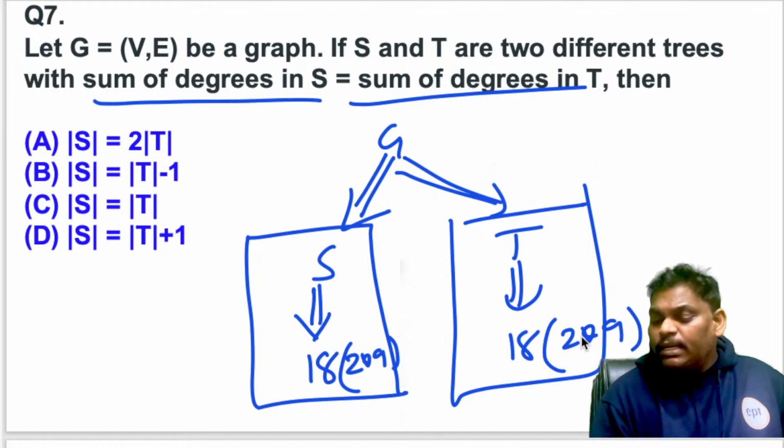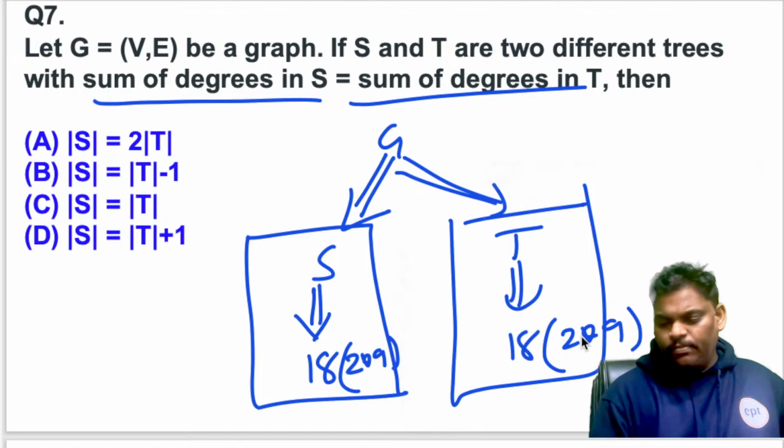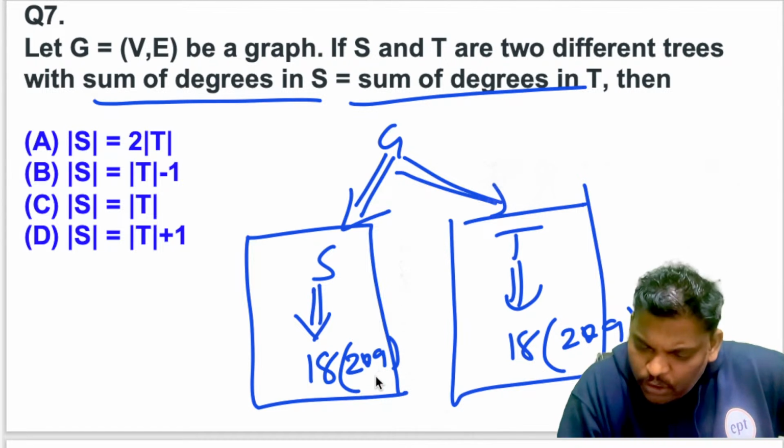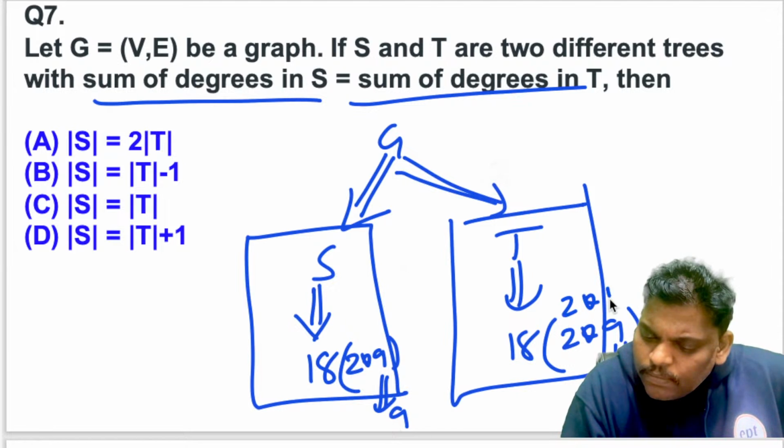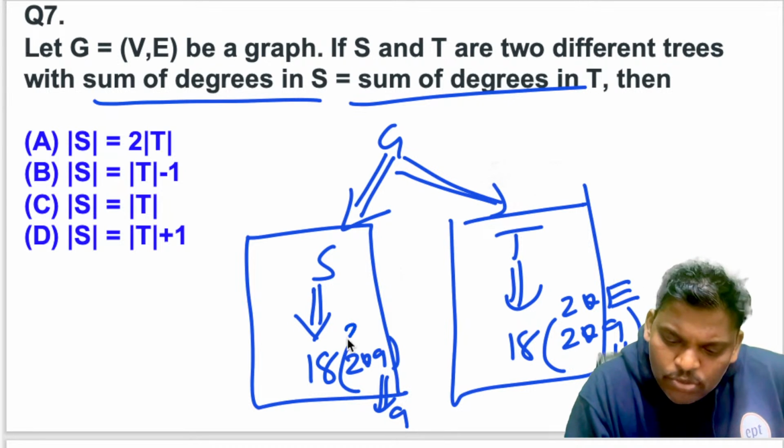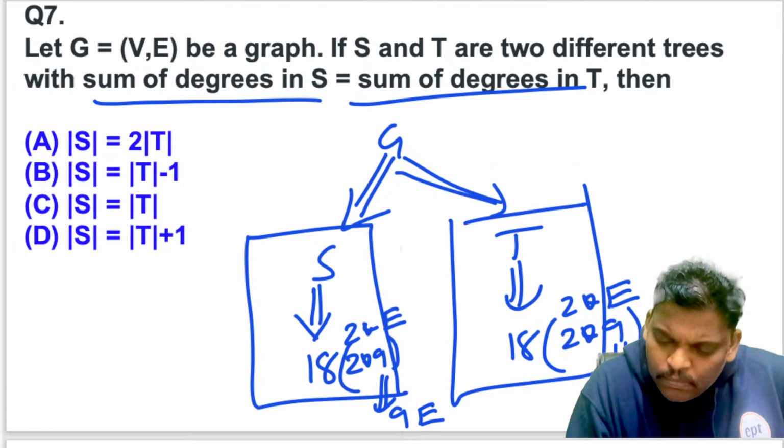Sum of degrees in T is also 18, which is 2 into 9. This 9 is the number of edges because it is 2 into E, where E is the number of edges.